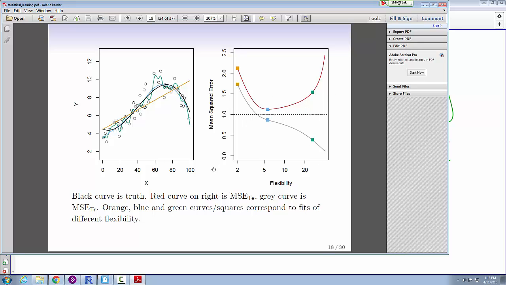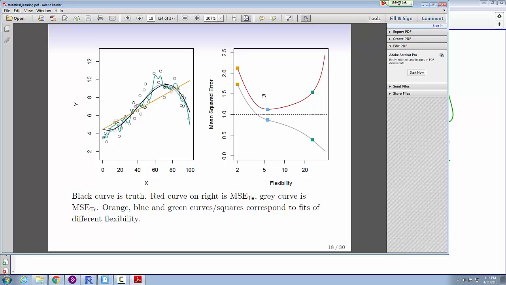So this is the mean squared error. The red curve and the gray curve were drawn across a spectrum of complexities, but the orange blocks correspond to the linear model, the blue blocks are the blue curve, and the green blocks are the green curve.